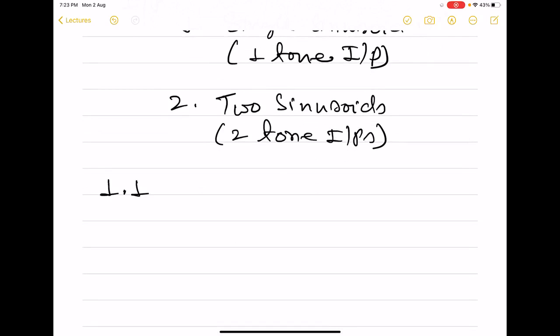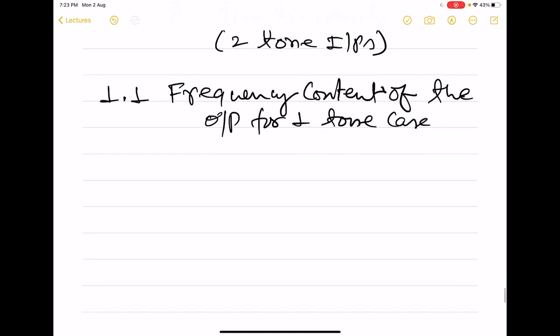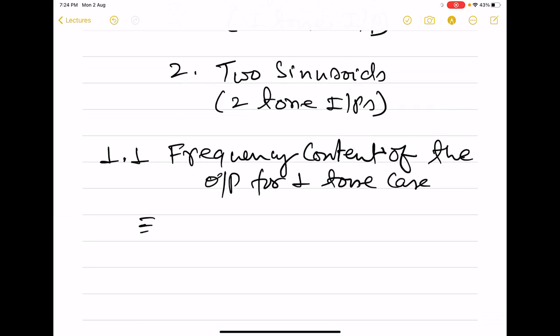We will analyze what the frequency content of the output is, and we will see that we will no longer have a pure sinusoid on the output side. There will be many other undesired harmonics of the fundamental, and that will cause distortion in the shape of the output. So this scenario leads to harmonic distortion.